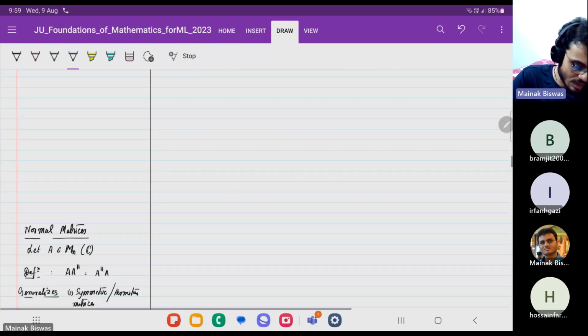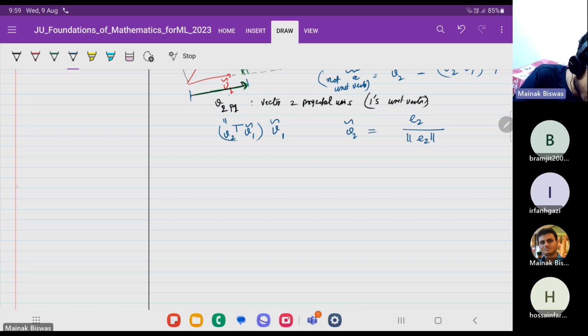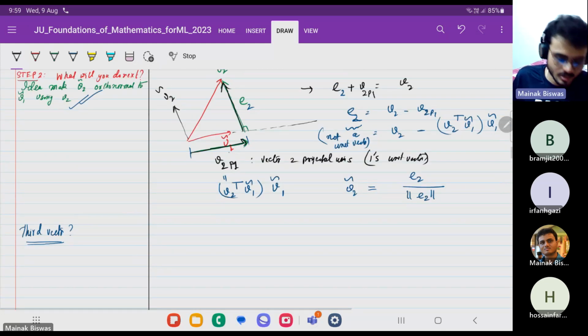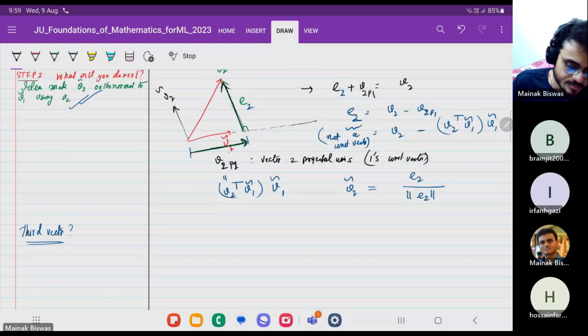So number three, what will I do? Say for the third vector, what will I do? I will subtract errors from, what will I do? Say I want to generalize it.